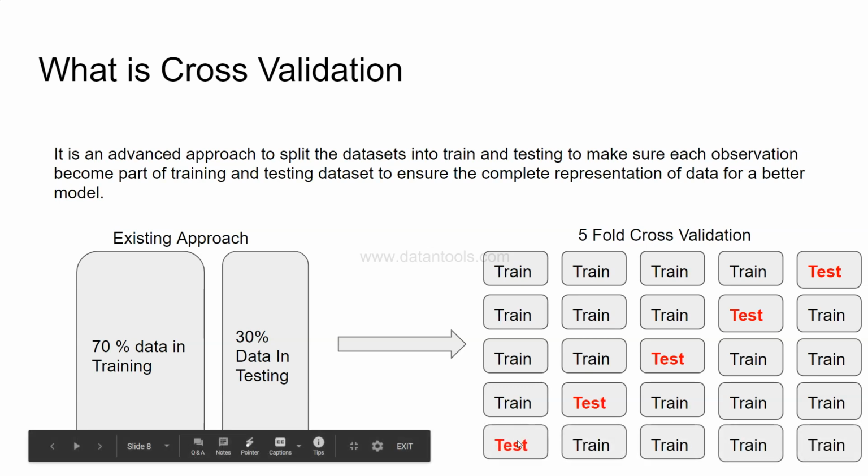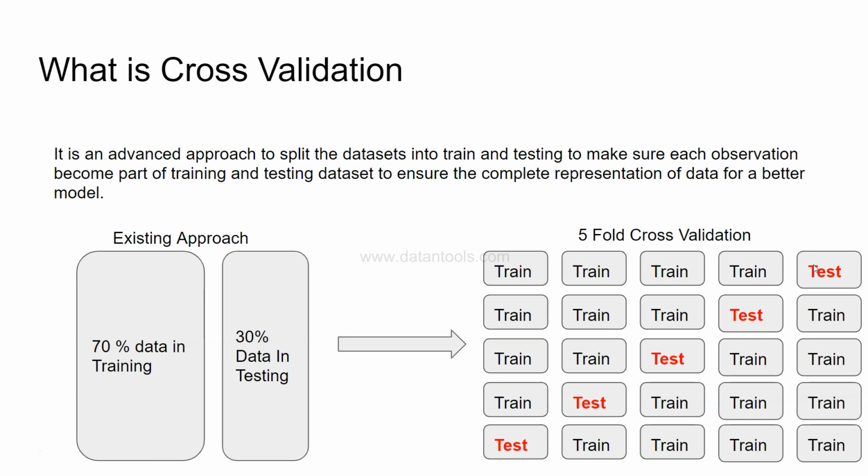And in the 5th, or the last, iteration, you have the first data set as the testing data set and the rest of the data sets are training data sets. So this way you can see that first we divided into 5 data sets. 1 is the testing, and as we move through the iterations, the testing set changes hands.